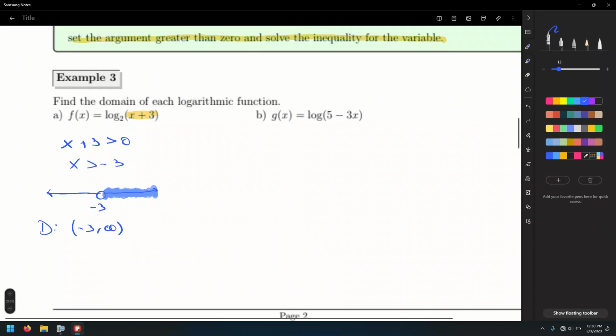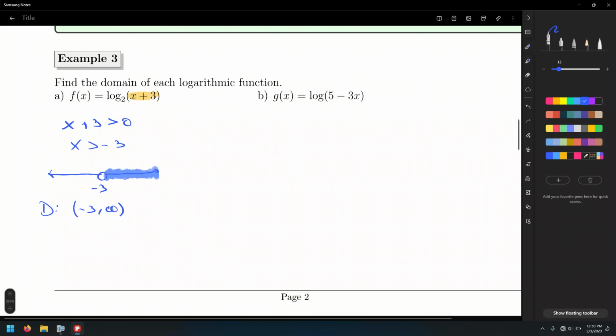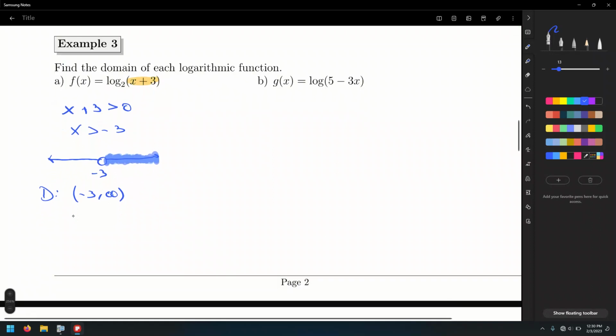Now, we also need to get used to writing the domain of the function using set builder notation, that is x such that. This one is usually easy to write because all we do is copy and paste the last result of the inequality that we solved before. So that's x greater than negative 3. That's it.